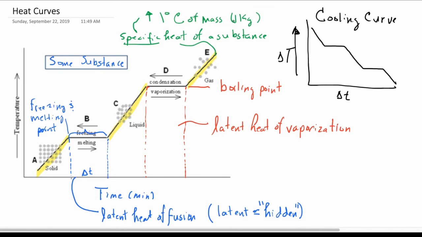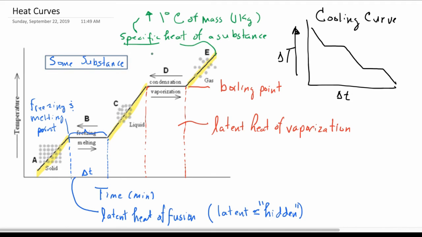So what this means is, if we had 1 kilogram of water, let's just say we're right here at 20 degrees Celsius, to go from 20 to 21 degrees Celsius, specific heat would measure the amount of energy to change 1 kilogram of water from 20 to 21. Pick any number; I just happened to pick 20.